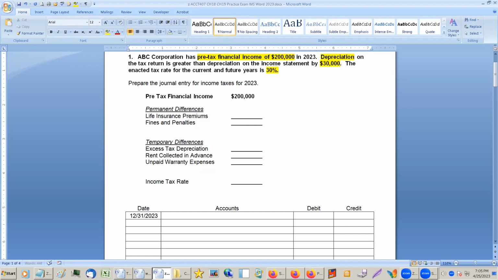So this will be our income for our tax expense.